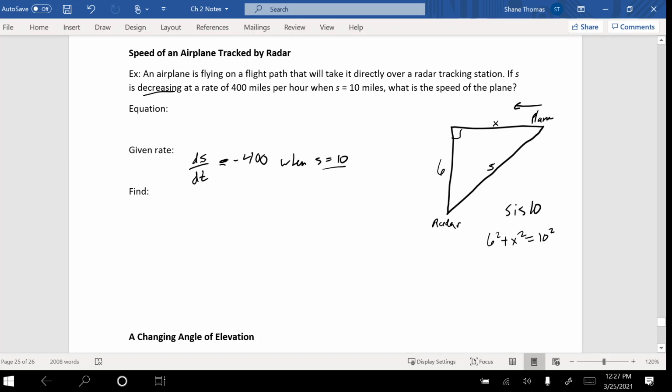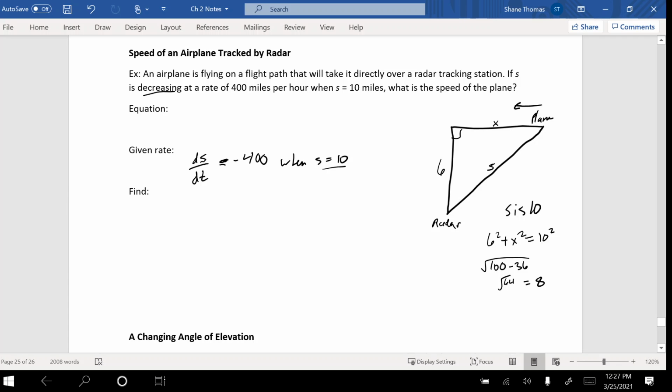So then that leaves me with 100 minus 36 and the square root of that. That's going to be 64, which is 8. That was just from the problem. That was given in the picture. Okay, so that'd be a given too, that the plane is 6 miles overhead of the radar station.